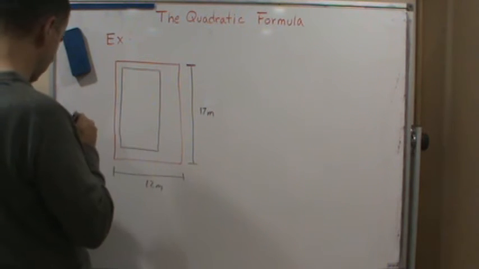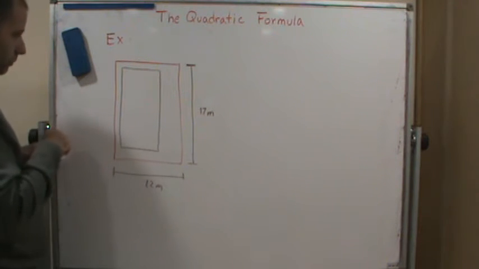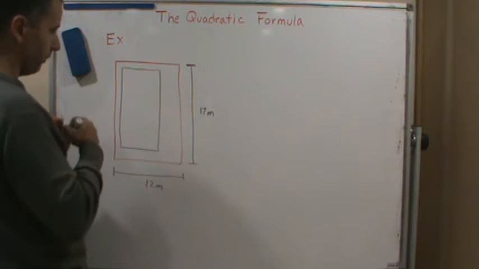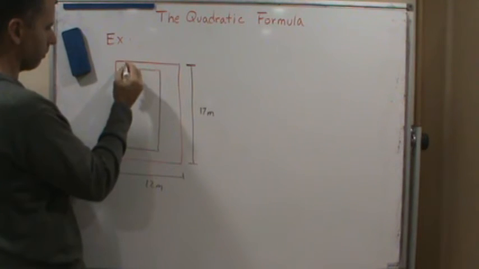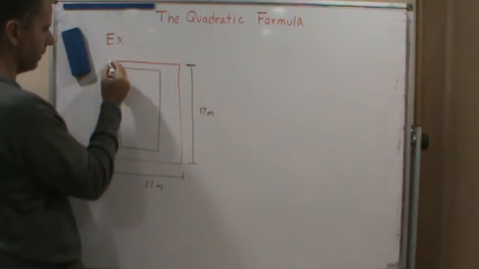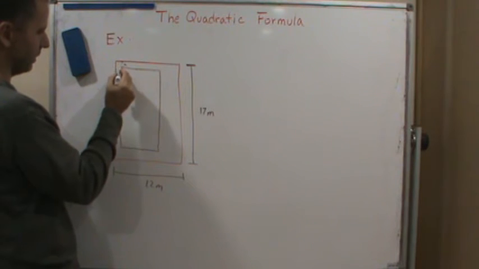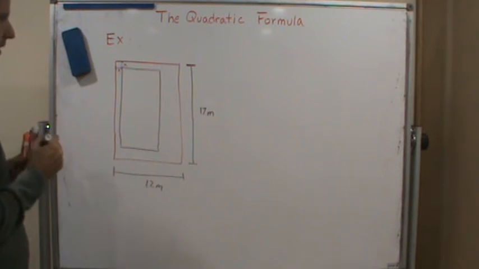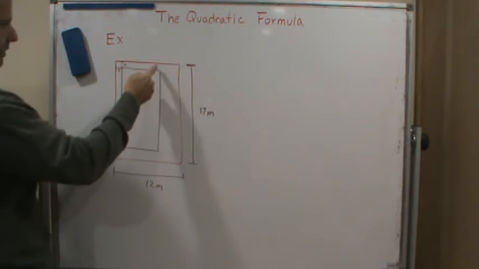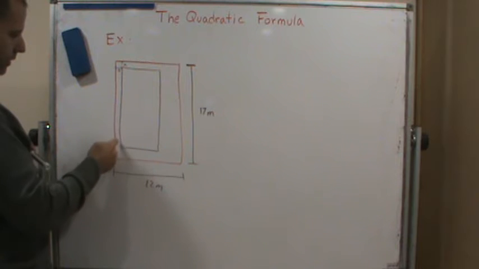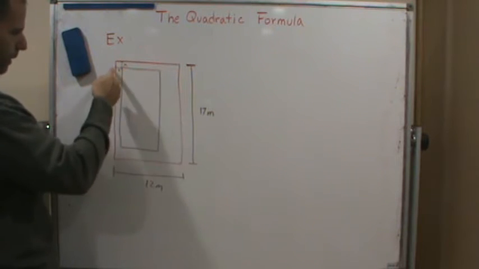And let's say this distance here is x, and that distance there is x. So this is going to be x wide all the way around.